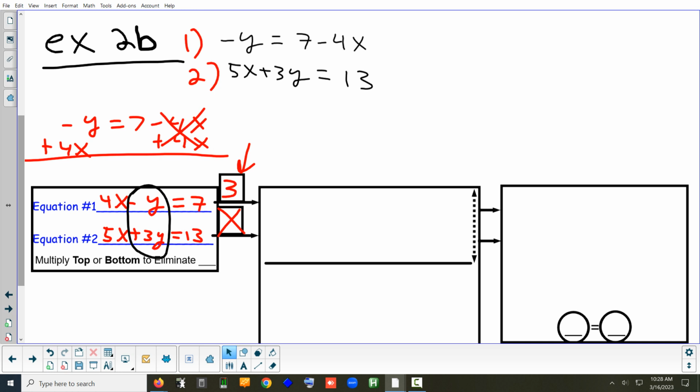I'm going to put a 3 in that box. And now, multiply the 3 out. The worst thing that can happen is you made a mistake and nothing cancels. Well, if nothing cancels, you picked the wrong number to put in this box. Go back and try a different number.